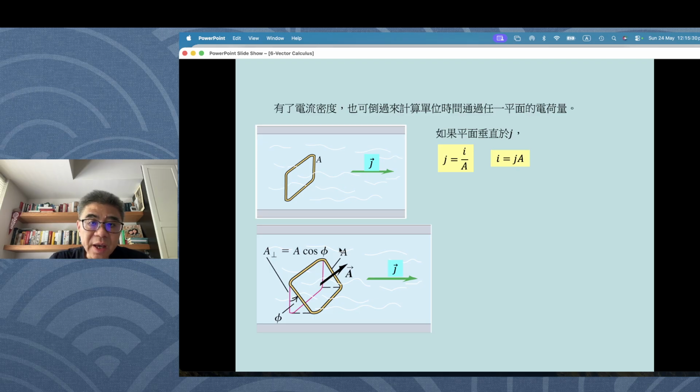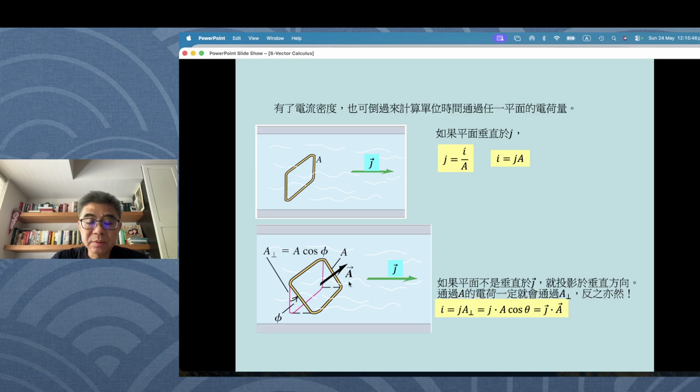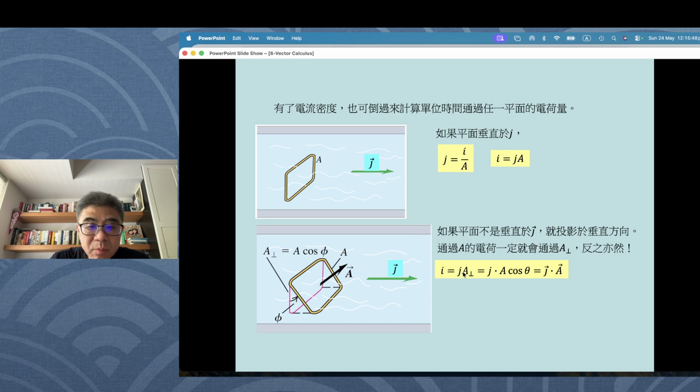However, if I choose a surface, then I will be equal to JA. On the other hand, if this area is not perpendicular to J, we can still project this area into an area perpendicular to J with A times cosine theta.